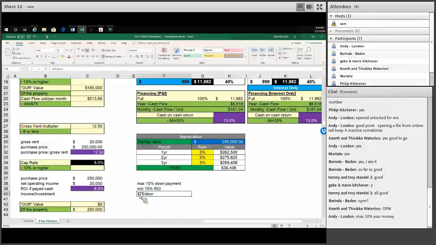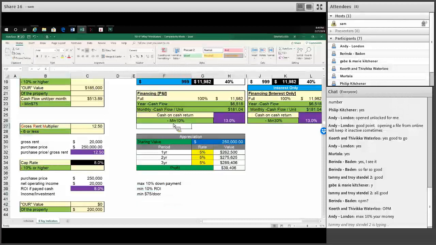Max 10% down. Max 10% down. Minimum. This is a minimum 10% return. These are minimums here. Minimum 10% return. And then we got this minimum. Okay. And you can write this right in your sheet, actually. 75 a door. Okay.